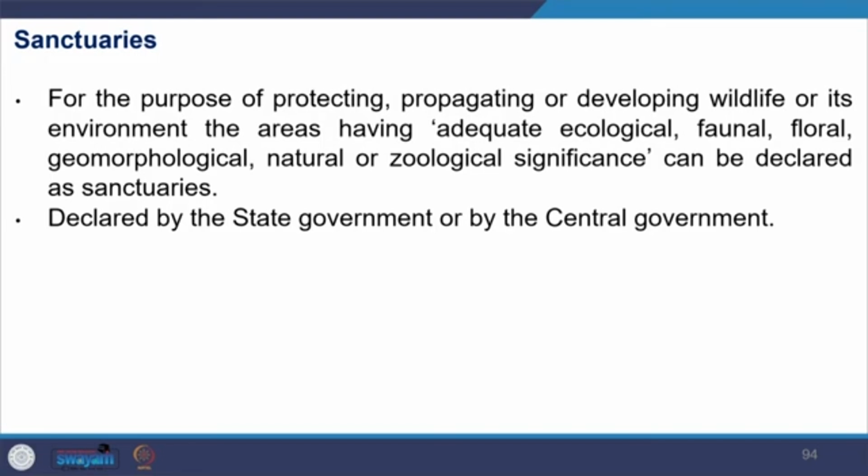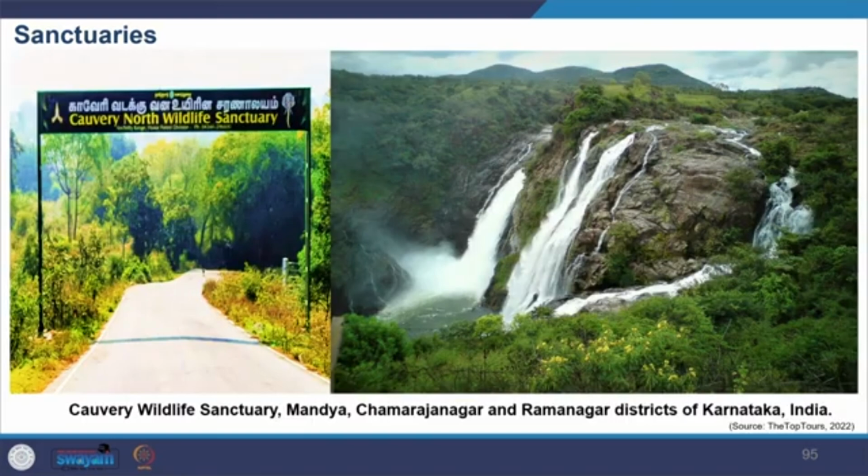Sanctuaries can be declared by the state government or the central government. They both can declare any area which may fall under this category as sanctuaries. For example, you can see here Kaveri Wildlife Sanctuary. Here you can see this has been identified.